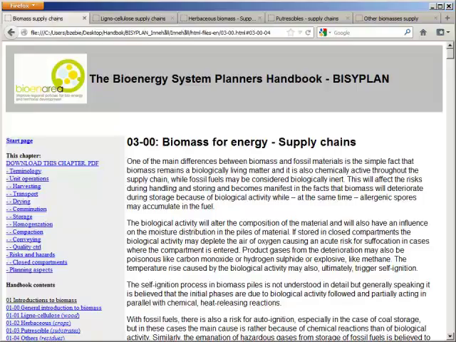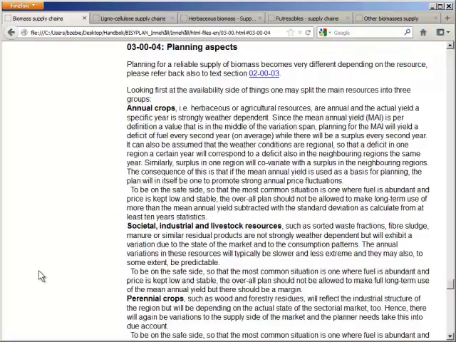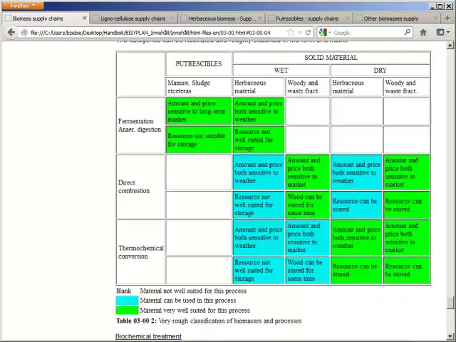To begin with, let's open up chapter 0300, which is the introductory chapter, and go down to the planning aspects and to a table that is present in this section. This table might seem a little bit complicated, so before we look at what it really means, let's first look at the text below this table.